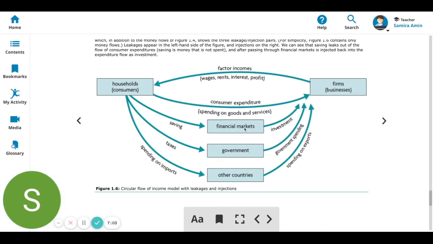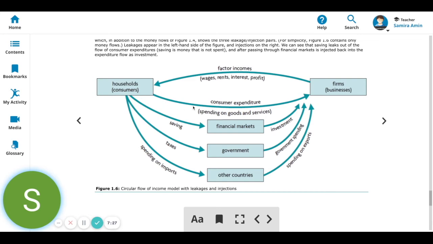So firms basically will then use that money for investing, and it will be an injection into the economy, because that investment means the money is going into the circular flow. However, a saving means the money is coming out of the circular flow. If you look at this, once again, the households can either save or they can spend, right?